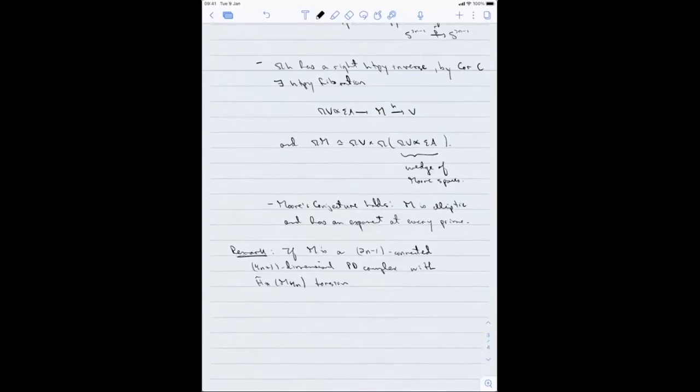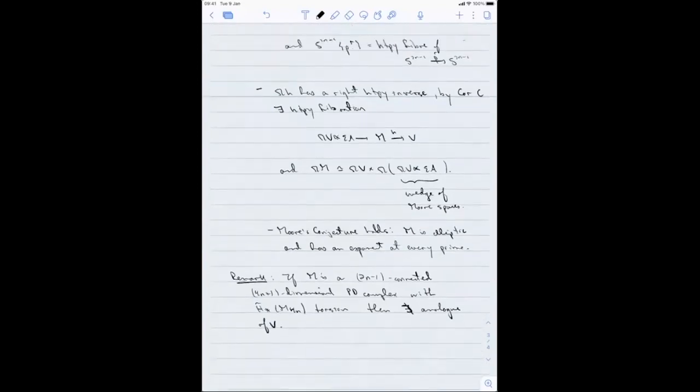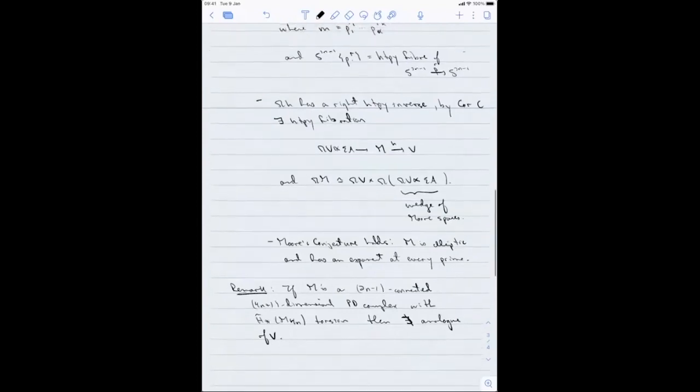So if it's just that wedge of Moore spaces in the middle dimensions, what can you do? Unfortunately, in this case, there's no analog of this space V. There's no space with the right cohomology.